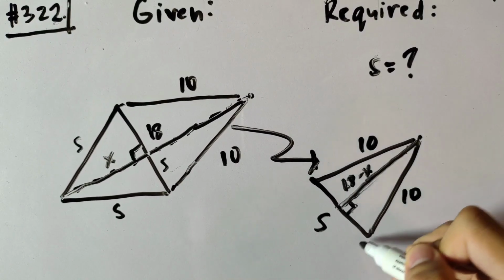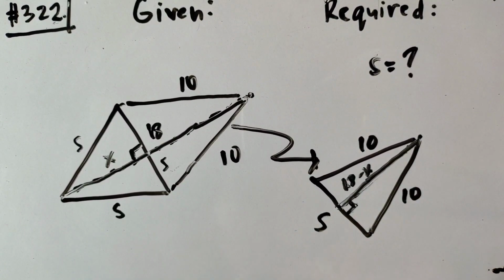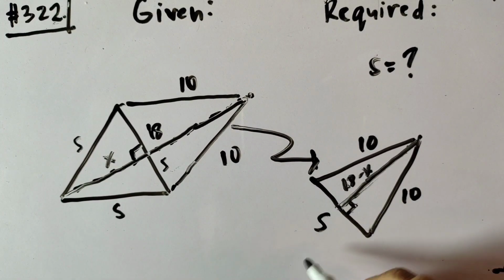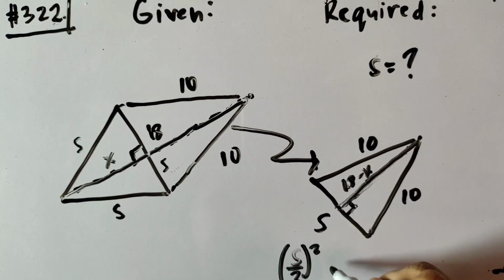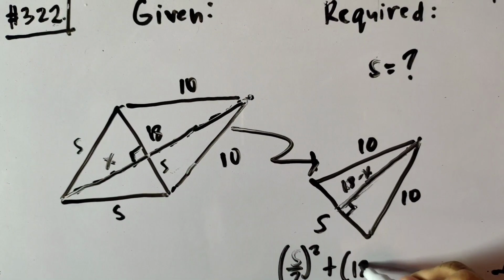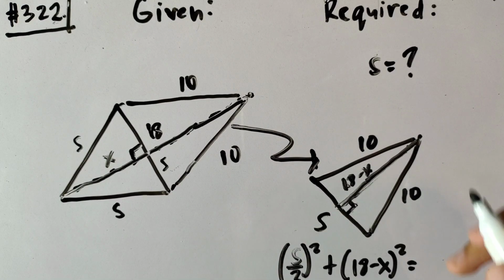Tapos yung hypotenuse natin ay 10. Tapos yung isang side pa natin ay 18 minus x. So makakagawa tayo dyan ng formula or equation. Kapag pinag-add mo yung s over 2 squared plus 18 minus x squared, equal sa hypotenuse niya which is 10 squared.